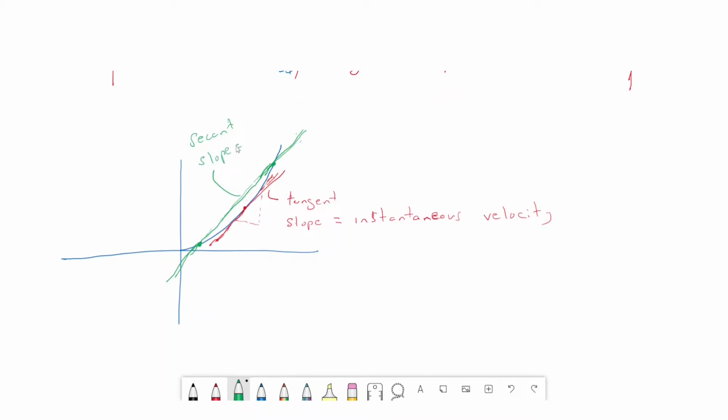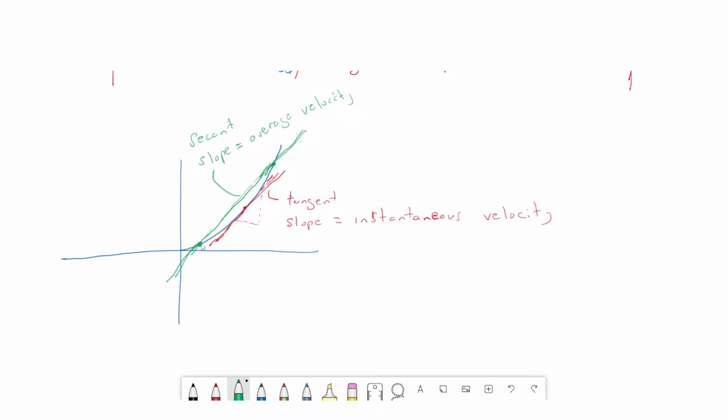Now the slope of that secant is going to be the average velocity. So if we have a graph and we are representing the average velocity, we have actually taken the slope of the secant.